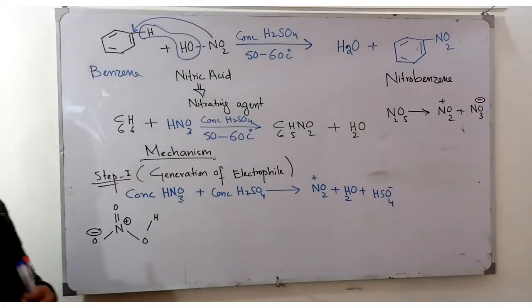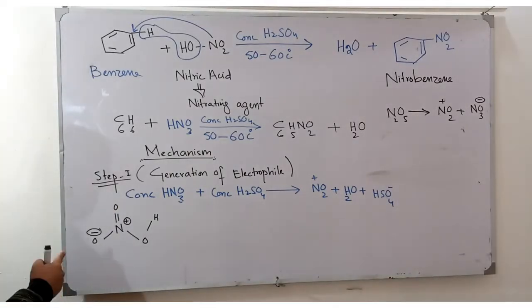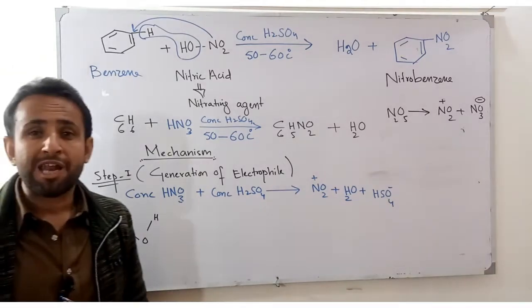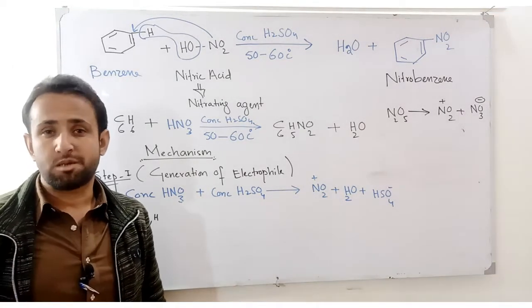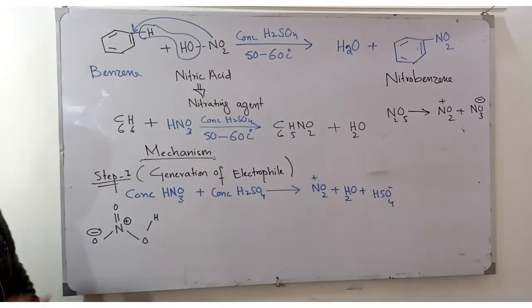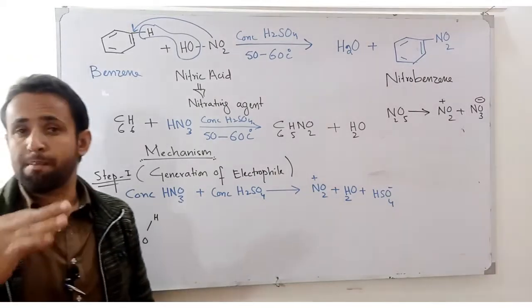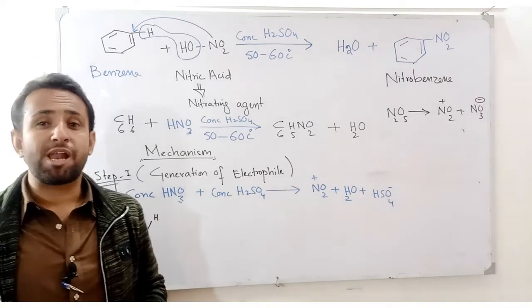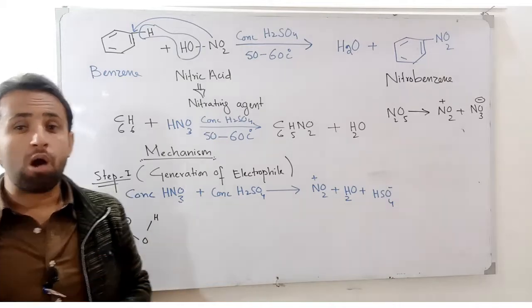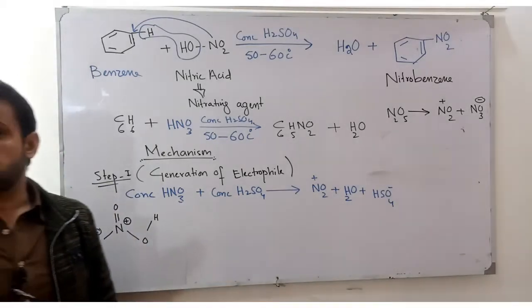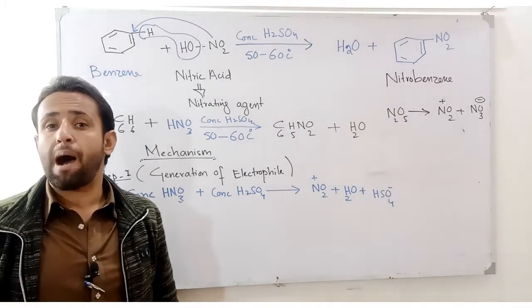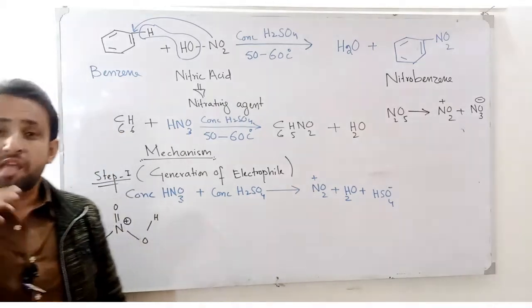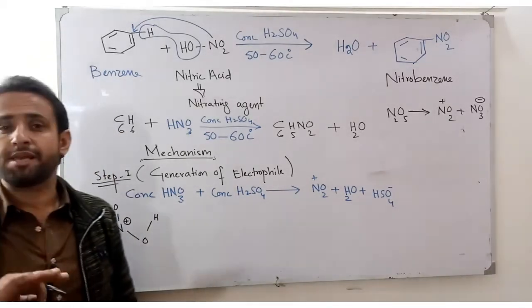So if I ask whether this nitric acid is a neutral molecule or a charged molecule, apparently it looks like a charged molecule, but actually the molecule is neutral, because whenever you have the same number of opposite charges, they will always cancel each other.